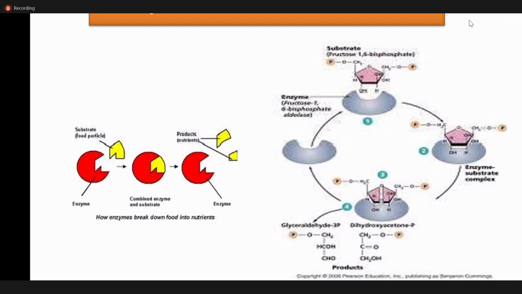The size of the slipper has to be suitable, and likewise the lock and key, with the particular grooves, must fit, and only then it works. That is the biggest mechanism.